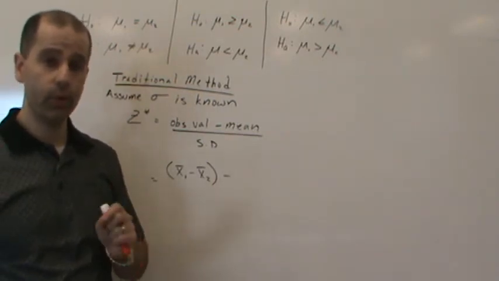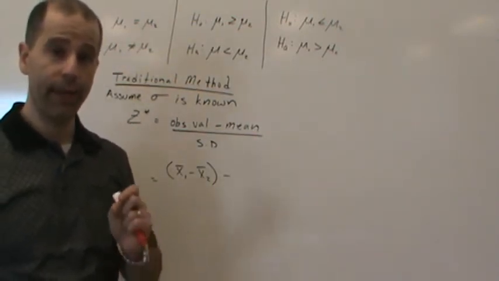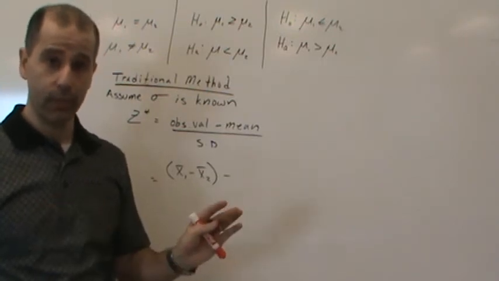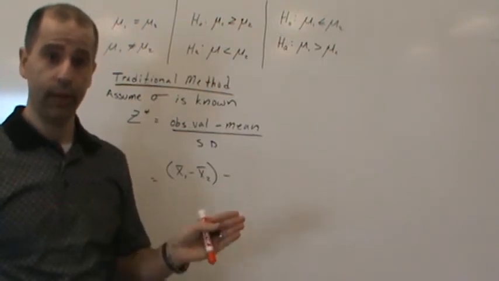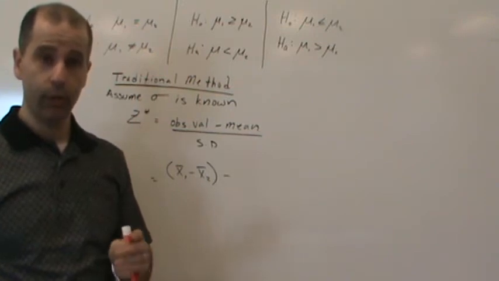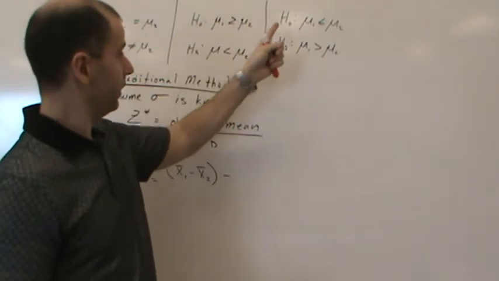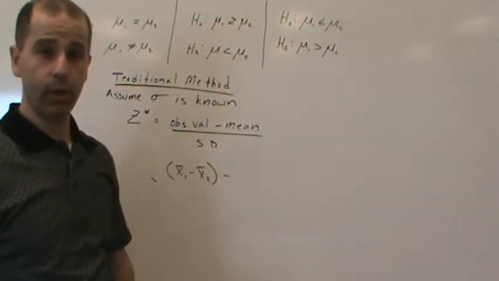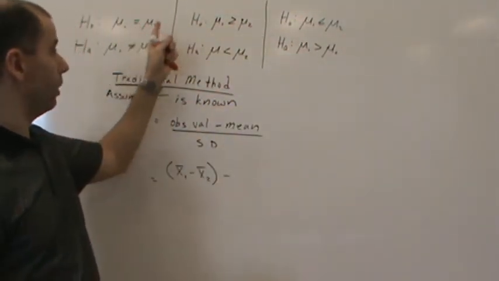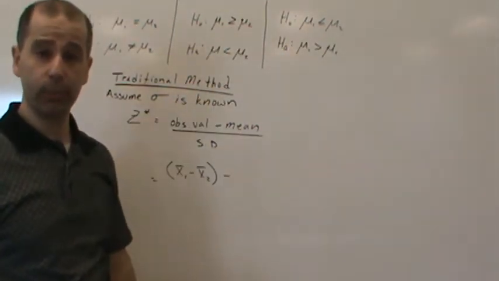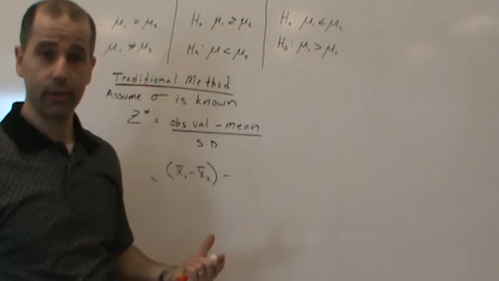And since we always assume the null is true, we assume that there's no difference between mu1 and mu2. So if there's no difference, we're saying they're equal, and if mu1 is equal to mu2, what's the difference?